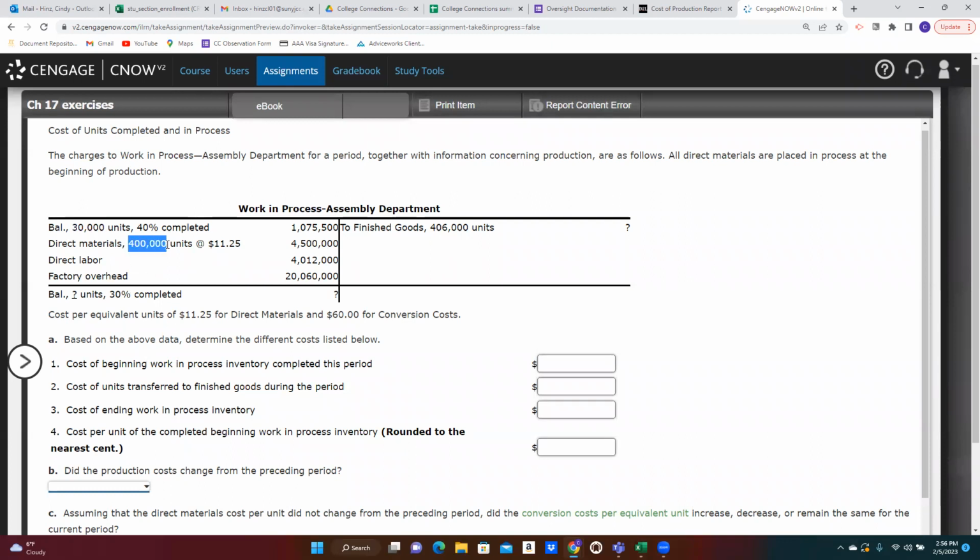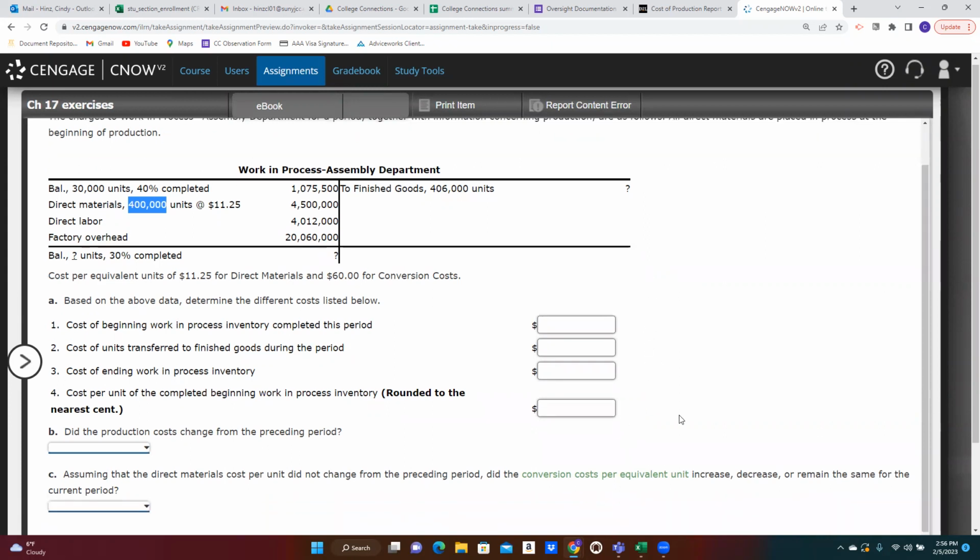And we started 400,000 units this month. That means the ending inventory would have the other 24,000 units that we had not finished. So all of that is going to be important information for us when we go to the cost of production report and start to fill that in, in order to be able to answer the questions that are given here.